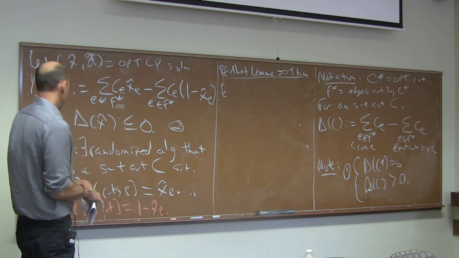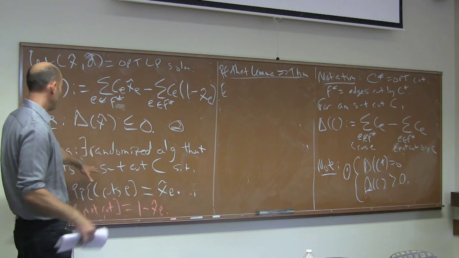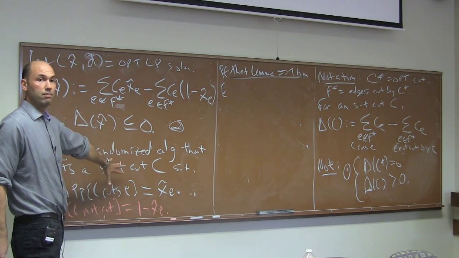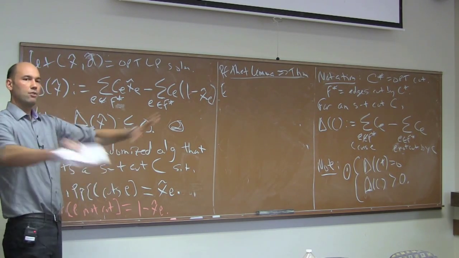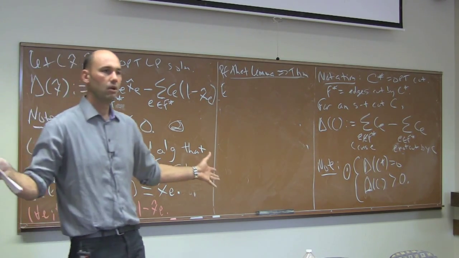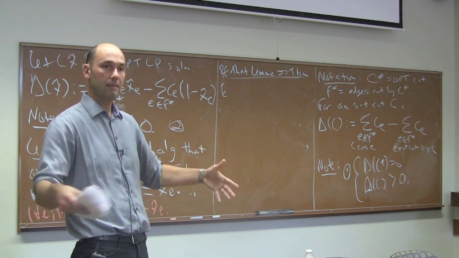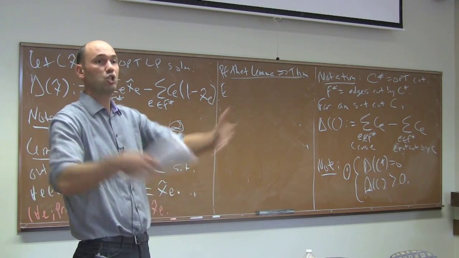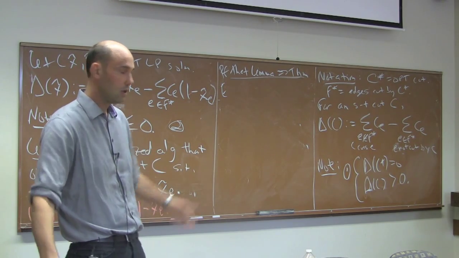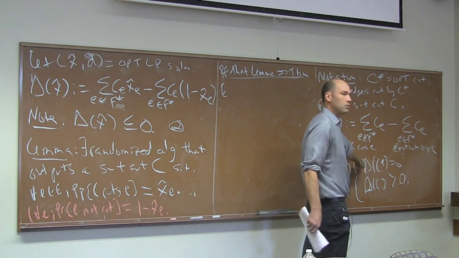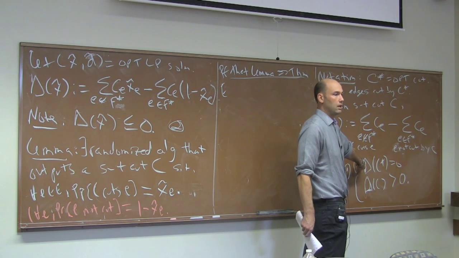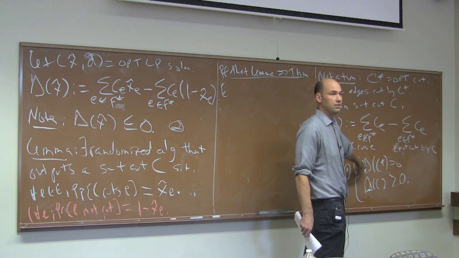So if we have a distribution which matches the linear program, that means basically this randomized algorithm is averaging over a bunch of ST cuts, a bunch of integer solutions C. Okay, it's a randomized algorithm, it spits out a cut, that means it's a distribution over integer cuts. We know that every single integer cut is strictly worse than the optimal one, unless it's actually C star.